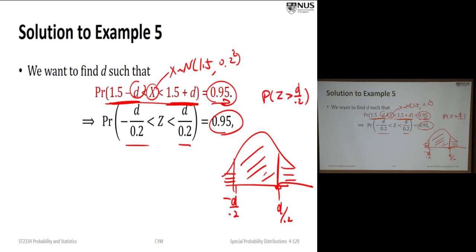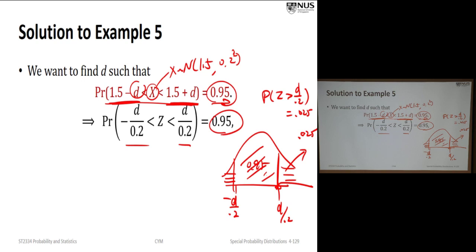Now, in order for this to be 0.95, what is this probability? These 2 parts add up to 5%. Because they're equal, each one is 2.5%. So I want to find D such that a standard normal greater than D over 0.2 is equal to 2.5%.